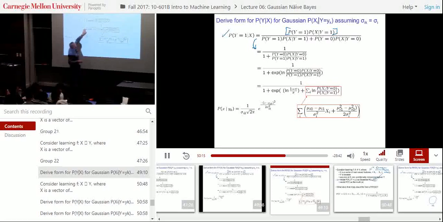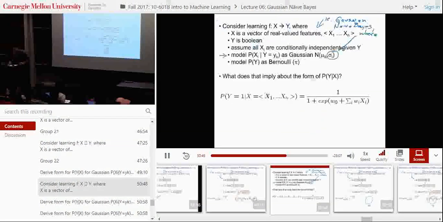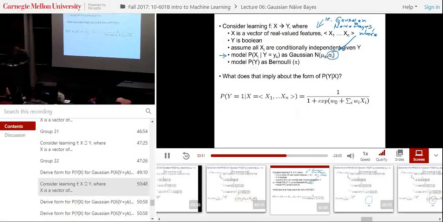It's 1 over 1 plus something exponentiated, and that something is a constant independent of x sub i, plus this sum, which has a bunch of other constants independent of x sub i, times the value of x sub i, plus this term, which is another constant, times x sub i. So, for example, this term is the w_i from here.